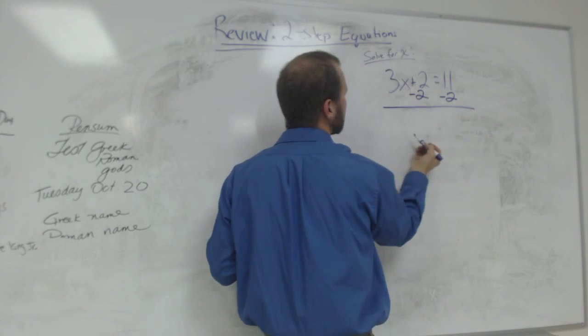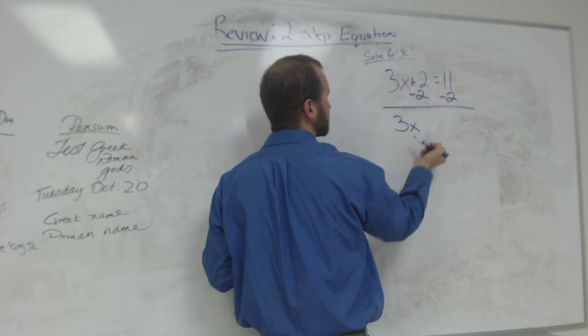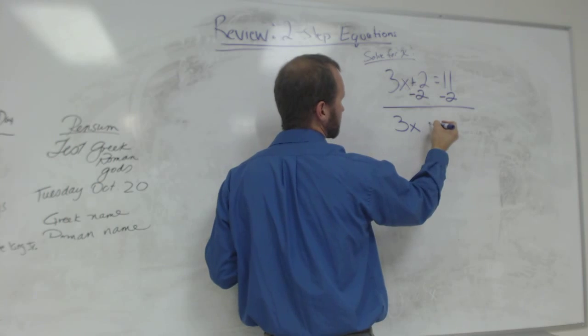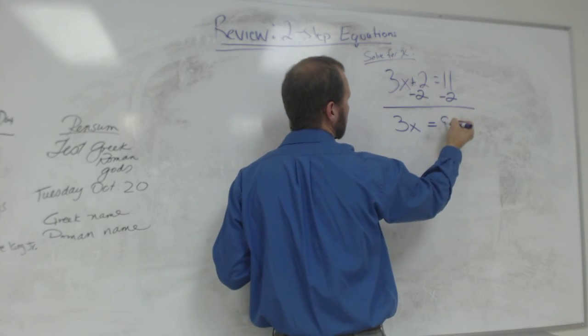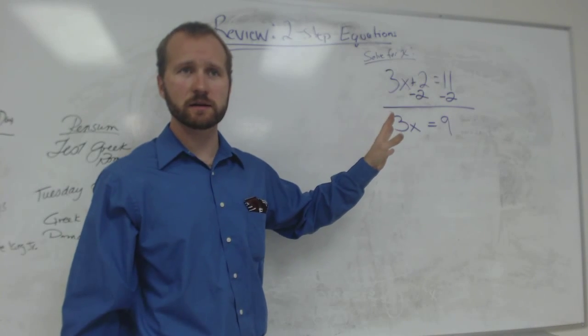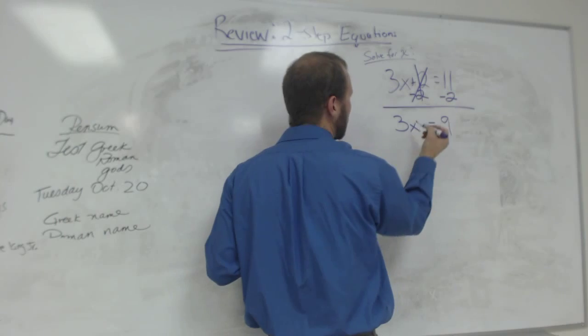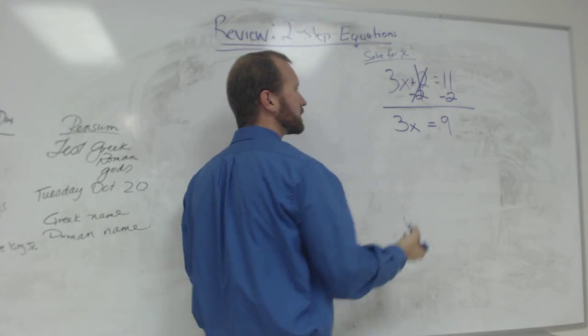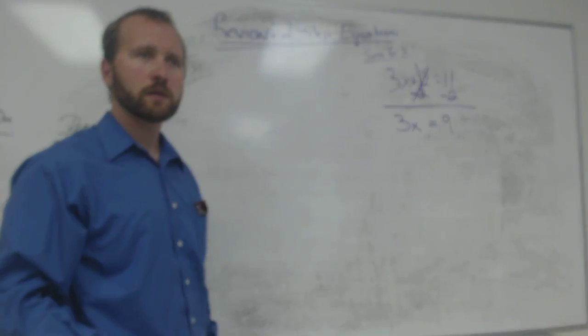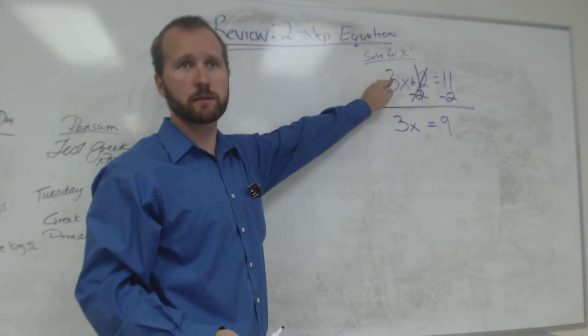So when I subtract 2 from both sides, I end up with 3x plus 2 minus 2, which is 3x. 11 minus 2, which is 9. Remember, when you do this, your goal is to get rid of the 2. So if you end up with a number here added or subtracted from x, you're probably better off erasing and going back to where you started.